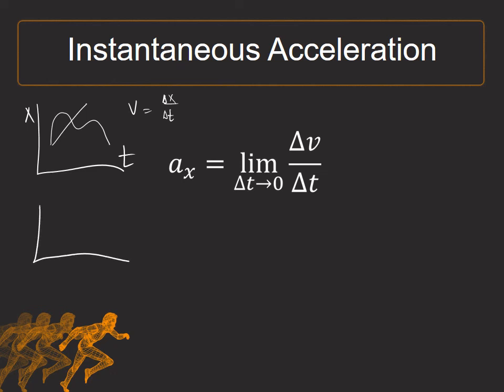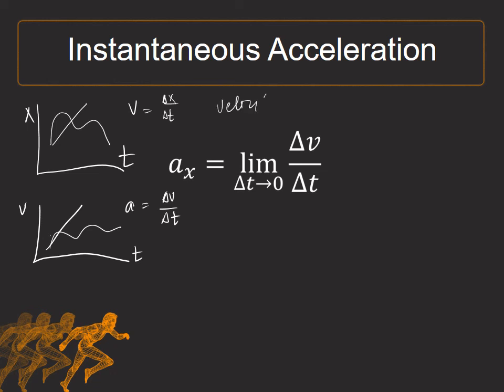If we plot velocity versus time, the slope of the curve is also the acceleration. Velocity is the slope of the position time plot. Okay?